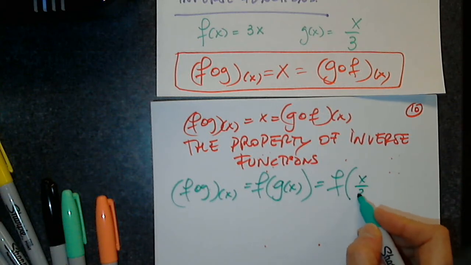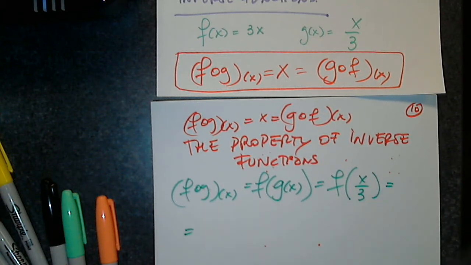Very good. That's what g equals to. And now I'm looking at f. What does f say? 3 times blah. It doesn't say 3x. It says 3 times whatever. X over 3. 3 times x over 3. What is the answer? X.